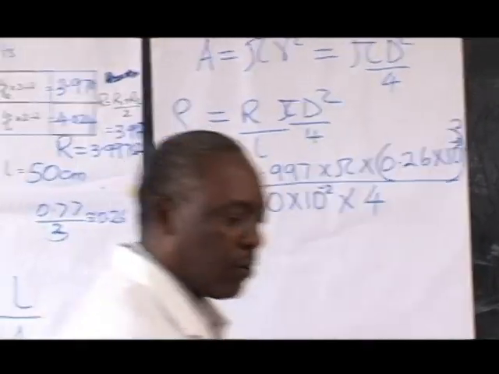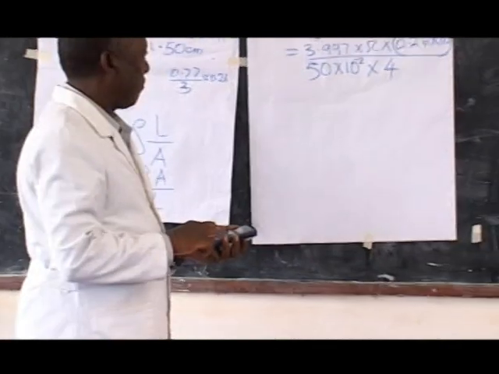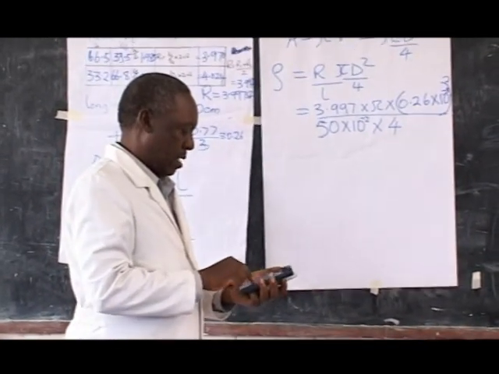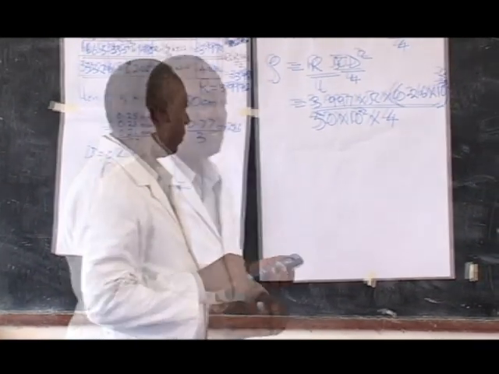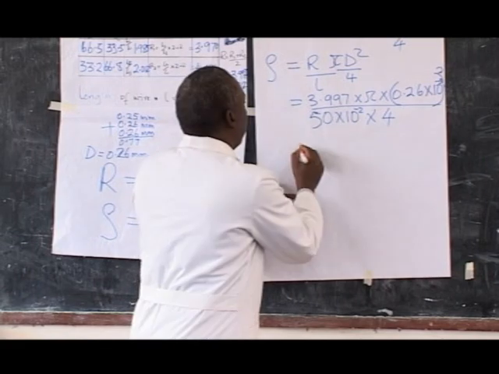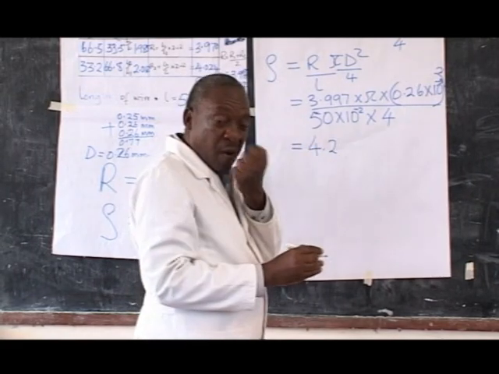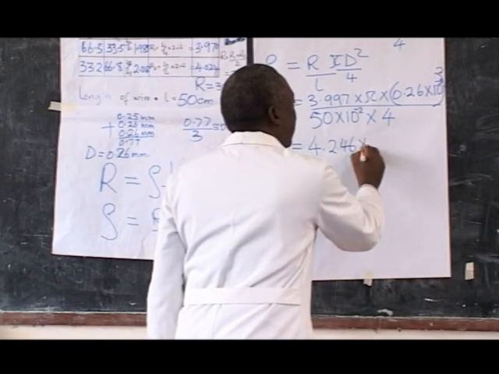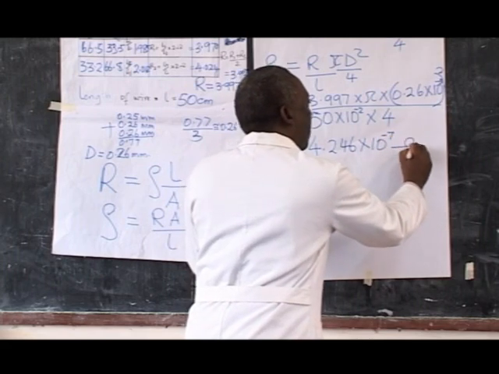Now, calculating this, it comes to be 4.246 times 10 to the power negative 7 ohm meter.